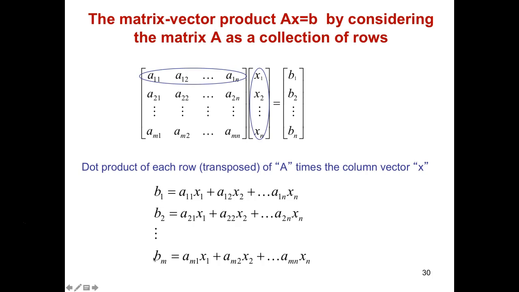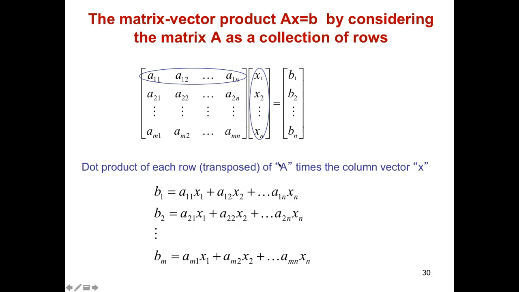So if I look at this as a vector, this vector is x1 times this column as a vector, plus x2 scalar times this column, plus xn times the last column of A. So this can also be seen as my resulting vector being simply a linear combination of the columns of this matrix with these coefficients.